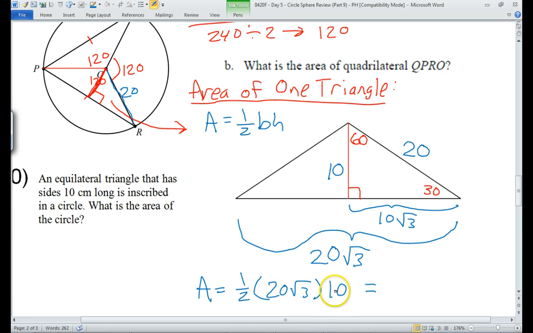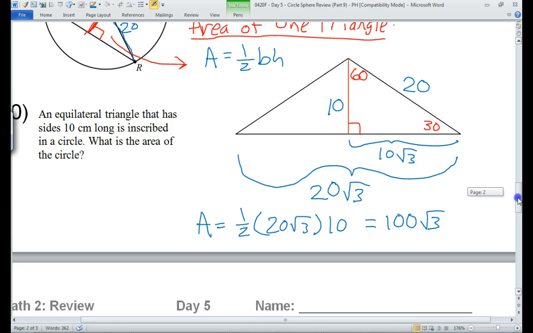Now, you should be able to do that in your head. What's half of 20? 10. And then what's 10 times 10? 100. So hopefully you don't really need your calculator to do that. But then we could just take our radical 3 and just stick it on the end. So a lot of times the answers will have the radical still in them. You need to know how to get an answer that still has a radical in it, and that's how you do it. Just save the radical off to the side.